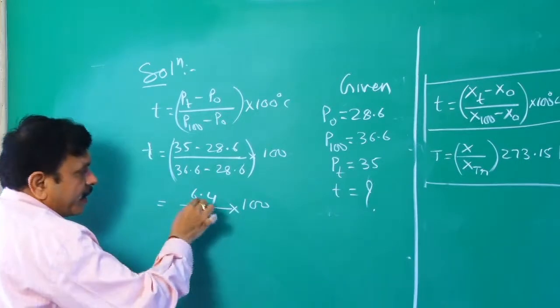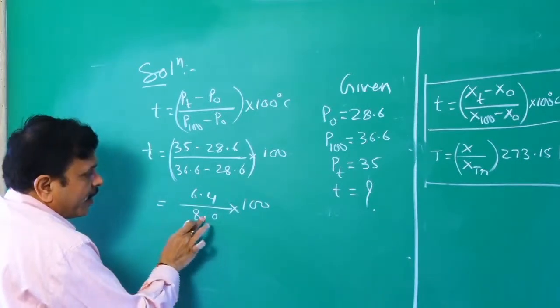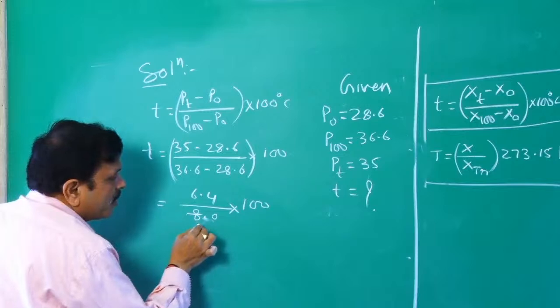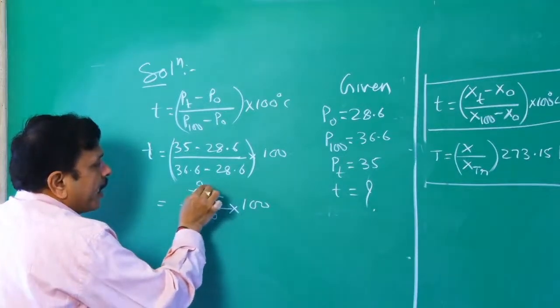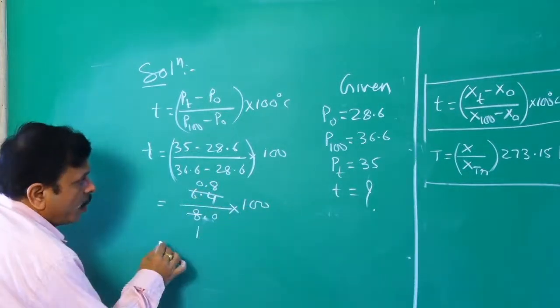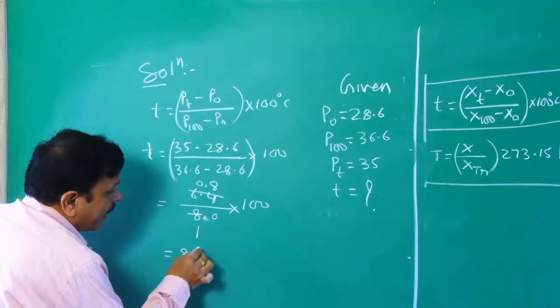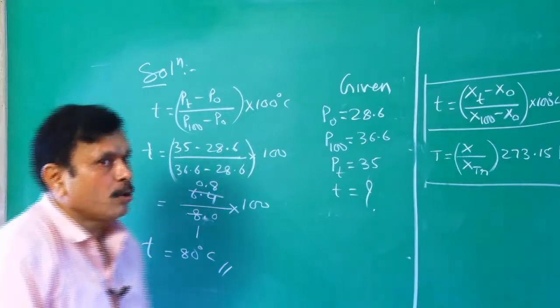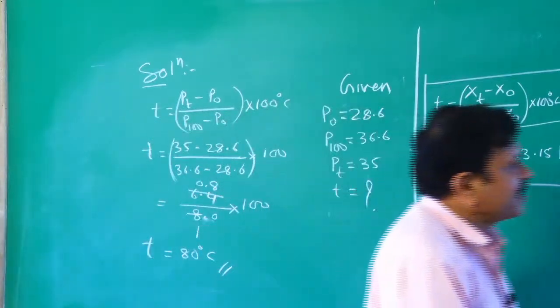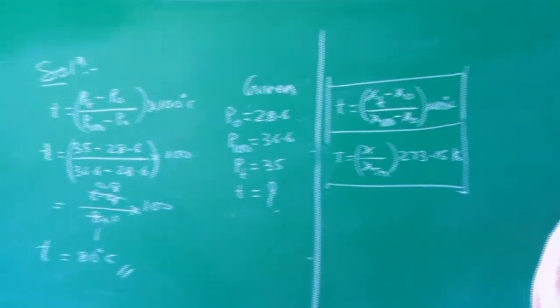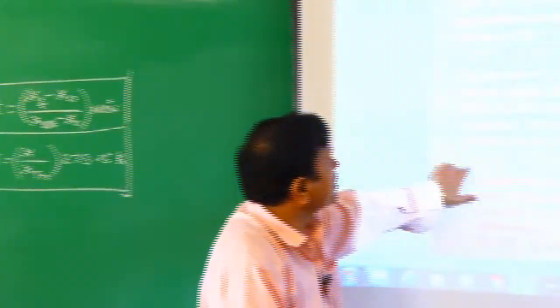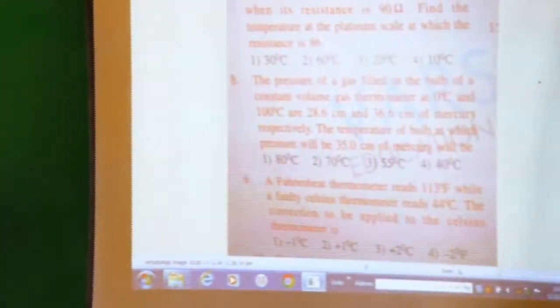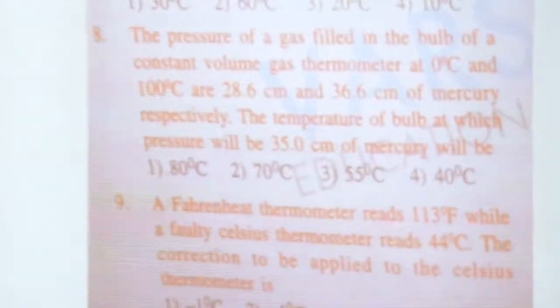Let this be as it is, 8 ones are 8, 8 eights are 64, so this will be obtained as 80 degrees Celsius. So the temperature obtained will be 80 degrees Celsius. So the answer is 80 degrees Celsius.